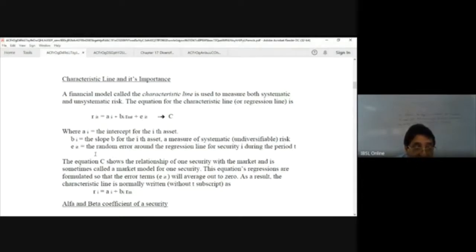That's what it says: the random error around the regression line for security i during the period t. The equation shows the relationship of one security with the market and is sometimes called a market model for one security. These regression equations are formulated so that the error terms will average out to 0. As a result, the characteristic line is normally written without the t subscript as Ri = Ai + Bi Rm.